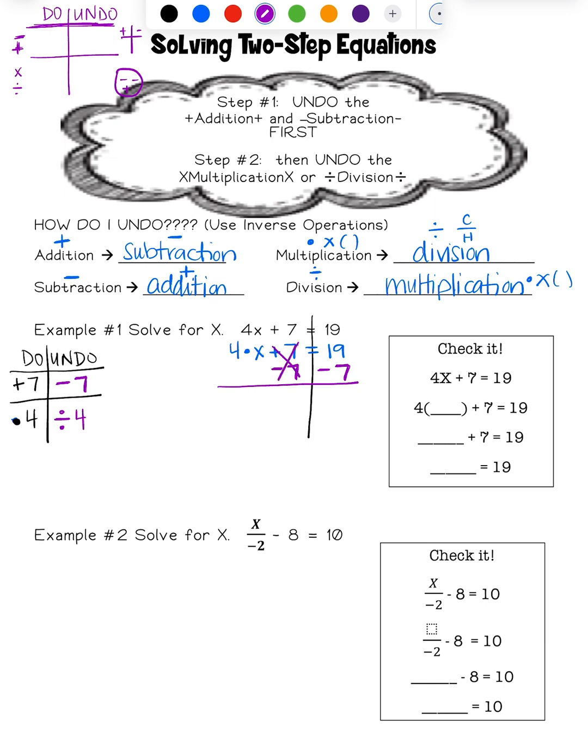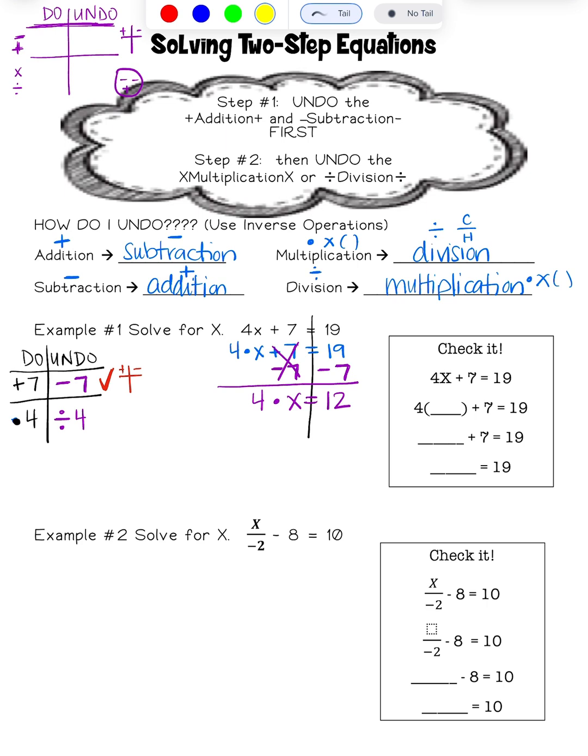And then I just bring down my 4 times x. And then over here, 19 minus 7 is 12. Okay? So I have solved my subtracting 7 line, so I can check it off. And I did not need my integer table, my positive and negative table, because it was just a regular old 19 minus 7. Okay, so no real negatives there.